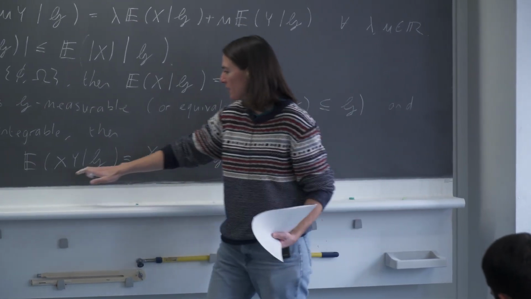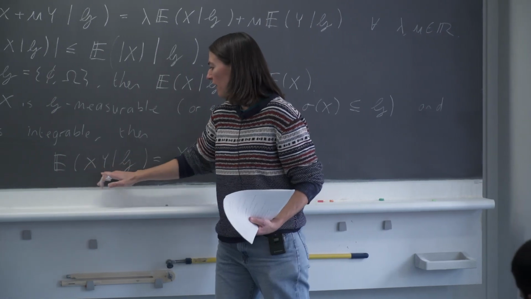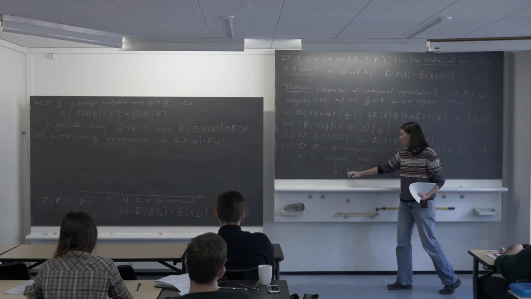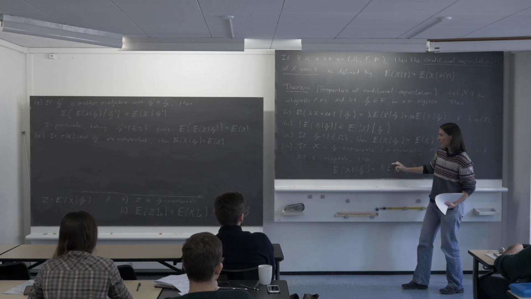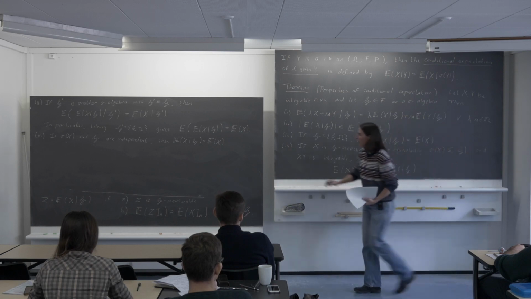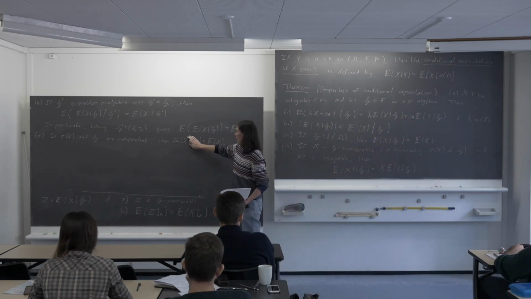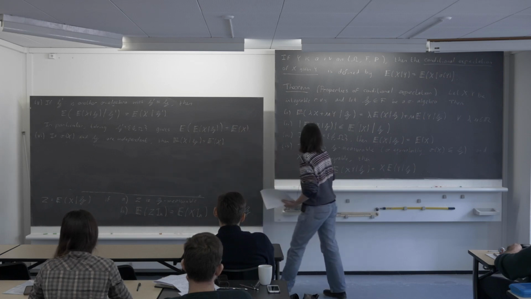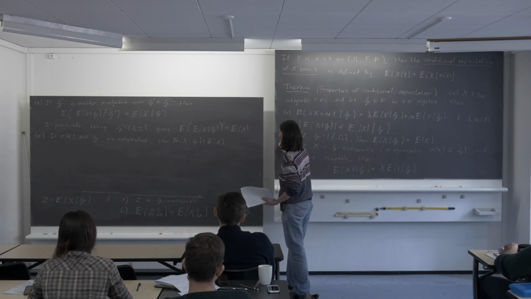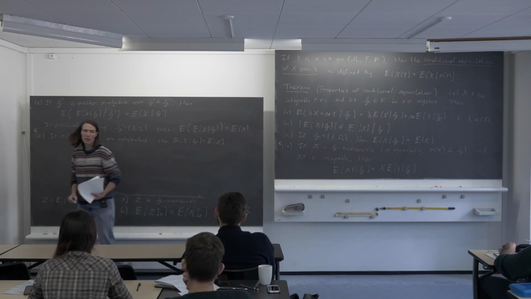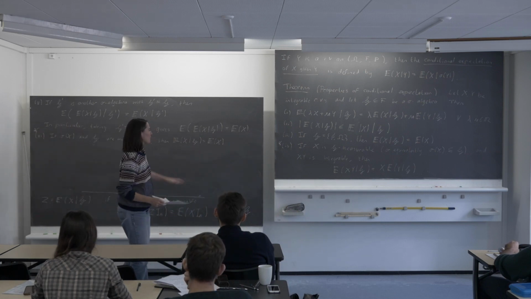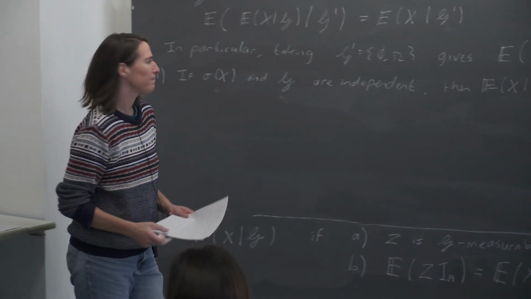So if you can split a random variable up into a product of a measurable bit and an independent bit, this result says we can pull out the measurable bit, and then this result says, if it's got an independent bit, we can just drop the conditioning altogether. These two are probably the most useful, and we'll repeatedly be using them to do some computations.